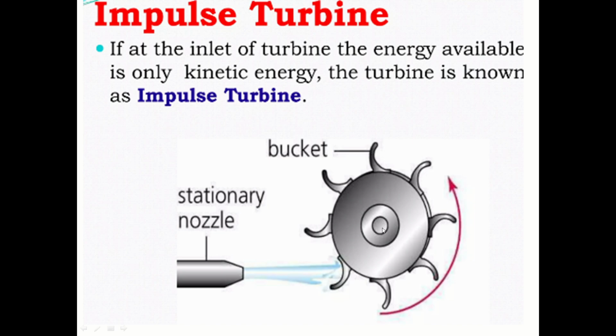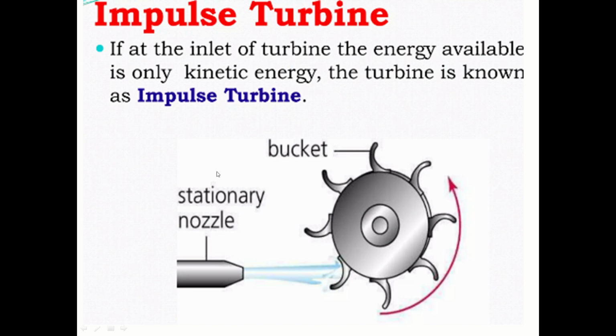I have already told you this shaft is connected to a generator through which electricity is produced. So an impulse turbine is one where, if at the inlet of the turbine the energy available is only kinetic energy, then that turbine is known as an impulse turbine.